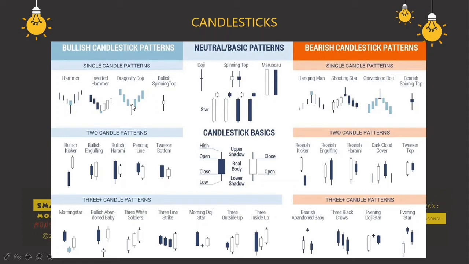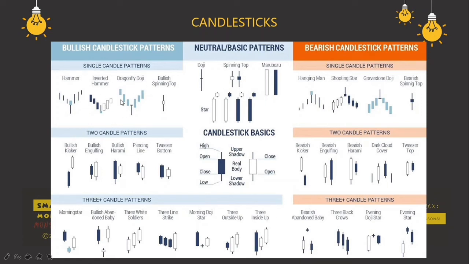So it's forming what is called a dragonfly doji. This also is very indicative of a bullish market, a market about to go up. That's what price action traders will tell you. Price is about to go up.